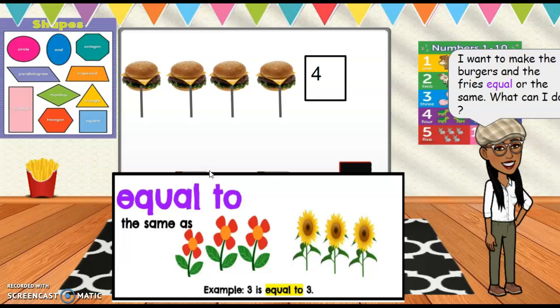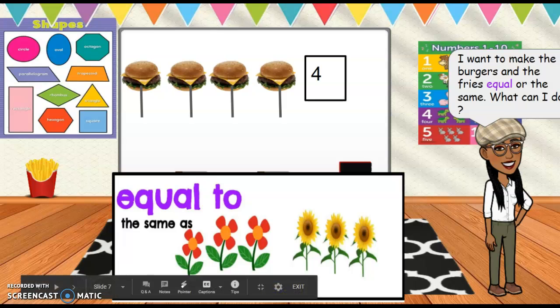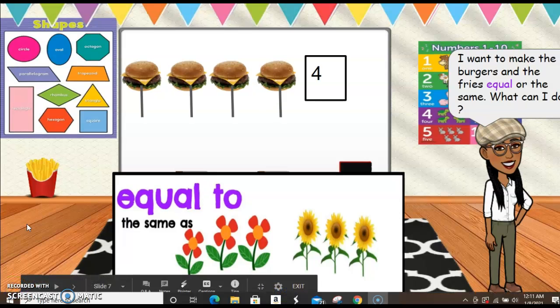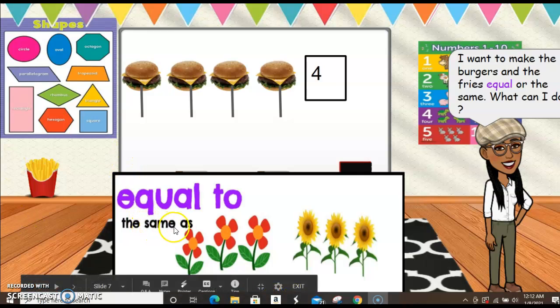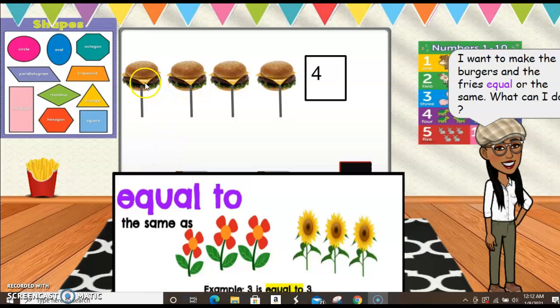Okay, let's try this one. I want to make the burgers and the fries equal to, or the same. So what can I do? Since I know that equal to means the same, I see my 4 burgers, so I can draw 4 lines from my burgers and then just match them up.